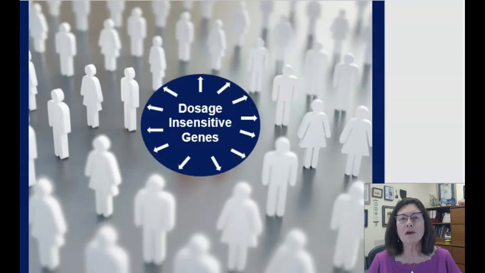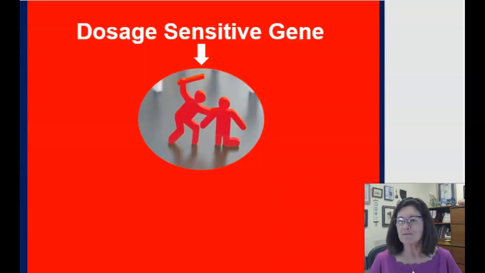So the way we talk about it is categorizing the genes into 2 big groups. The bystanders we call dosage insensitive genes. They're not sensitive to the gene dose, the number of copies, whether it's 1, 2, 3, or 4. And they do their thing without messing up anything within the body when there's this abnormal gene dosage.